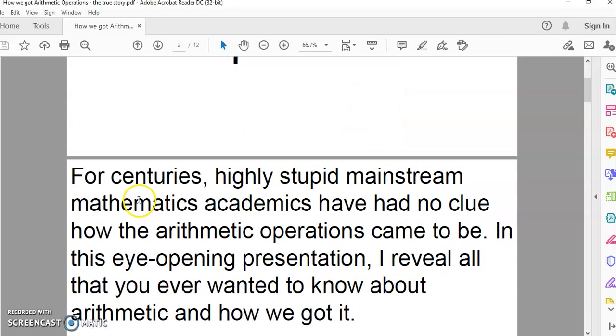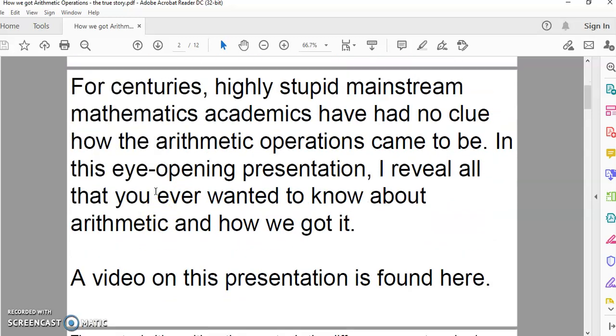Now, for centuries, highly stupid mainstream mathematics academics have had no clue how these operations came to be. At school, you've simply been given rules, you're taught rules, and you memorize them. For example, you're told that when you add certain fractions, you first convert the denominators to the same value, and then you can add them, etc., etc. But you never really understand any of that.